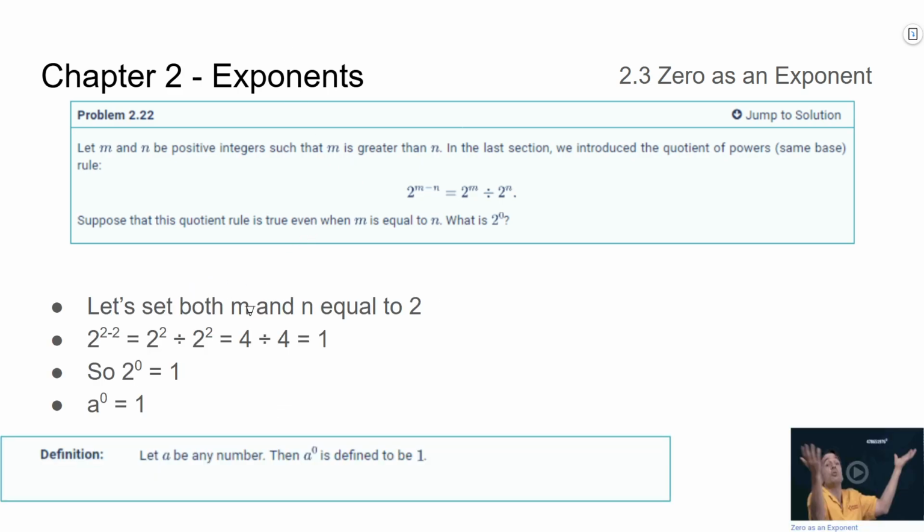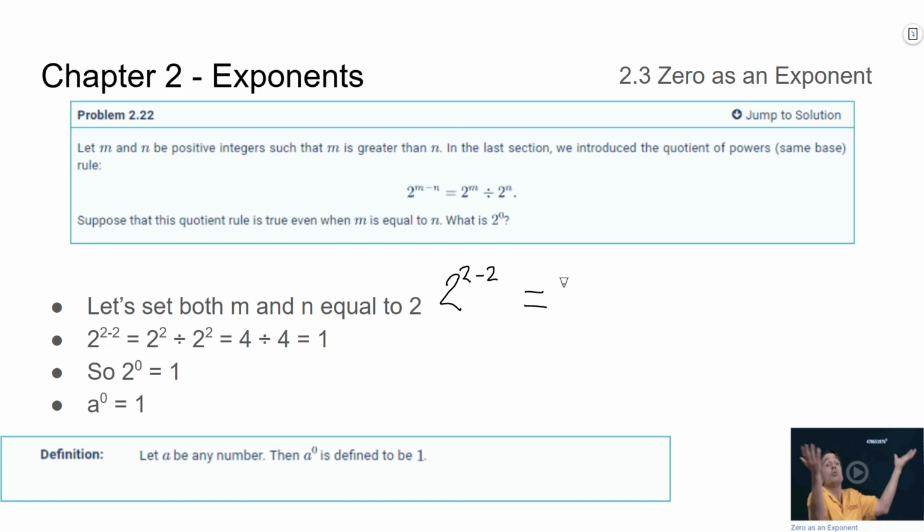All right, so if we do that, let's go ahead and set both m and n equal to 2. So using this formula right here, let's do 2. And then if we set both m and n to 2, so it'll be 2 to the 2 minus 2. And we know that's going to equal 0. Let's go ahead and first convert it to division.